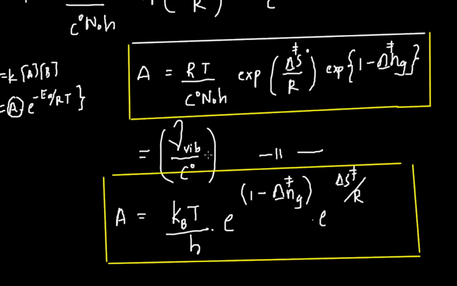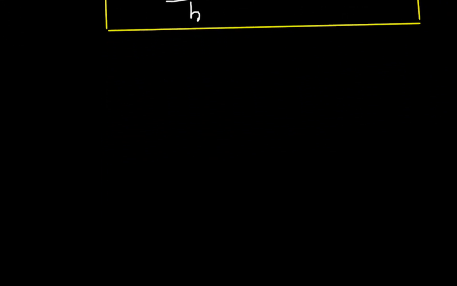where nu vibration is the frequency of decomposition of the activated complex. Okay, there is one last thing here that you need to know. You can actually get the relationship between Ea and delta H naught. What is your delta H naught given by?